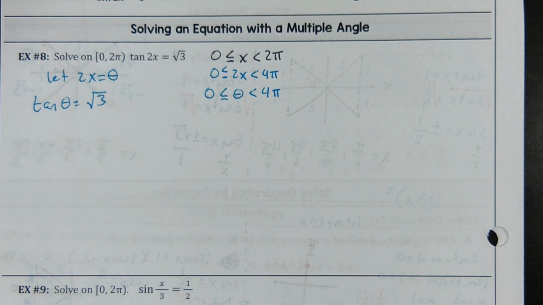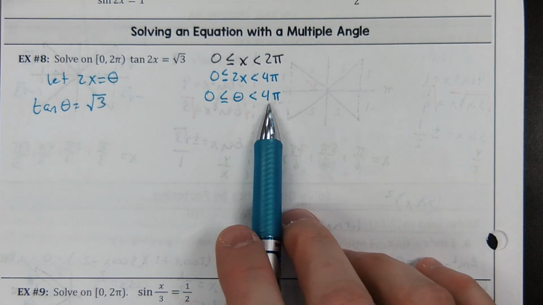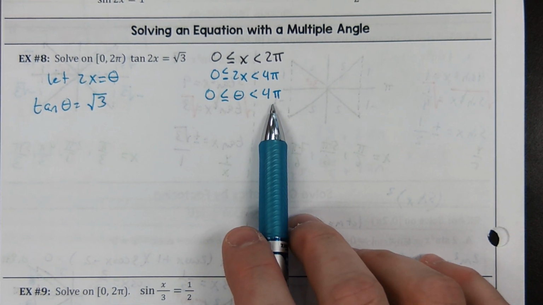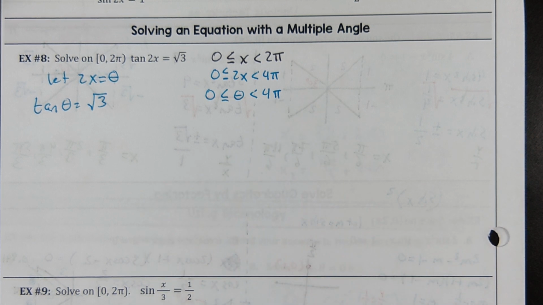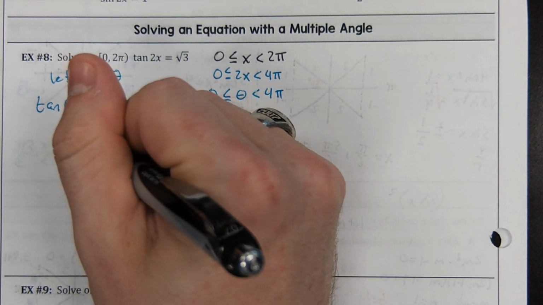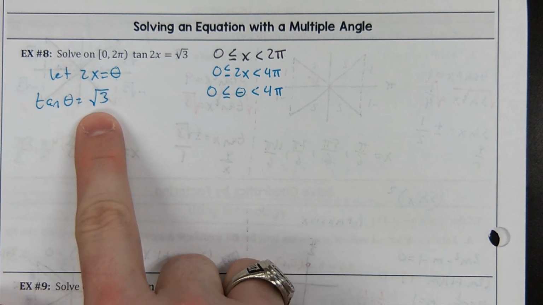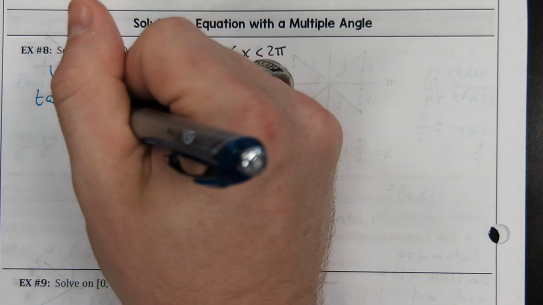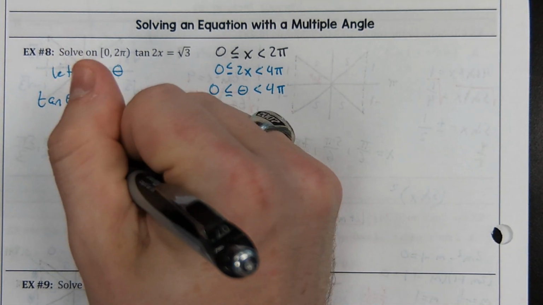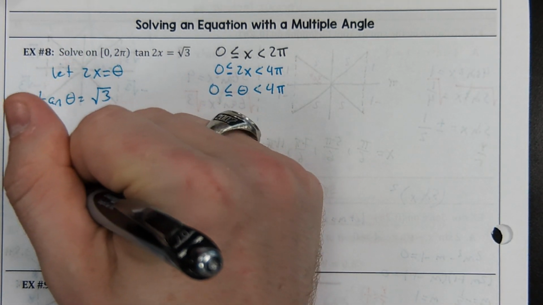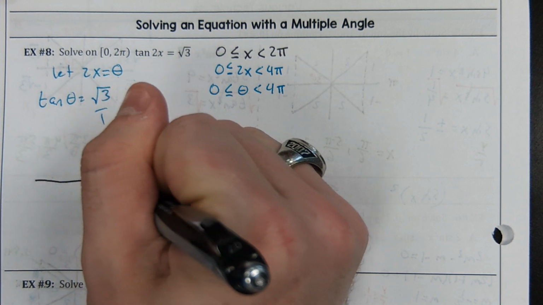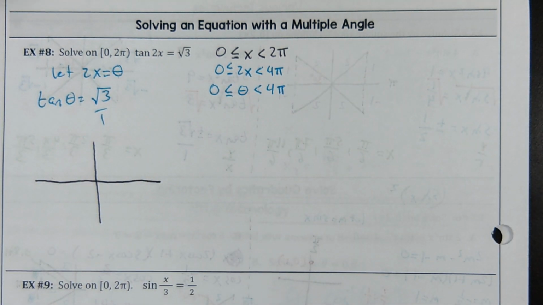I can now solve this equation for tangent of theta, which we know would have been positive in 2 quadrants in the first full circle, but we're going to let this tangent of theta go around 2 full circles. So we will get our 4 solutions. Let's draw it. First of all, tangent is y over x. So what's the x value here? It's a 1. So I'm going to draw my 2 places where tangent is positive. In which 2 quadrants can I find tangent positive? 1 and 3.